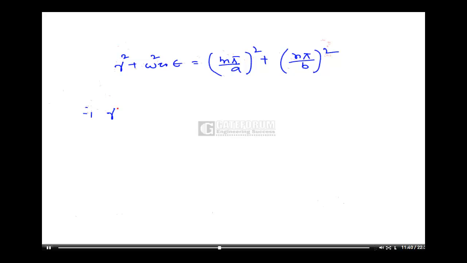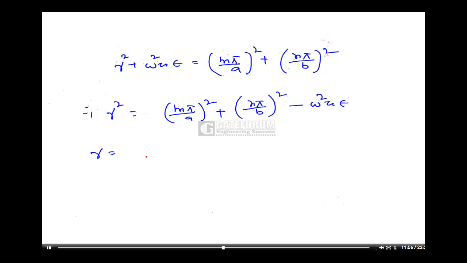Therefore, gamma square is equal to (m pi by a) whole square plus (n pi by b) whole square minus omega square mu epsilon.